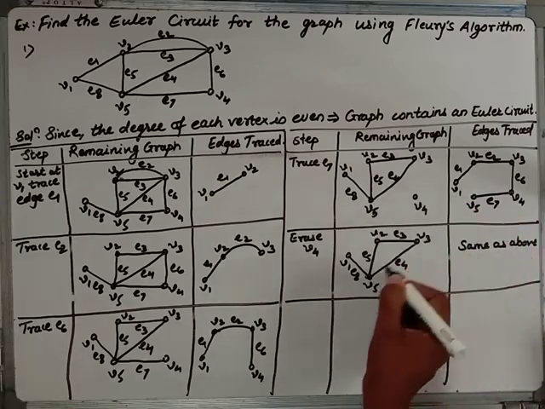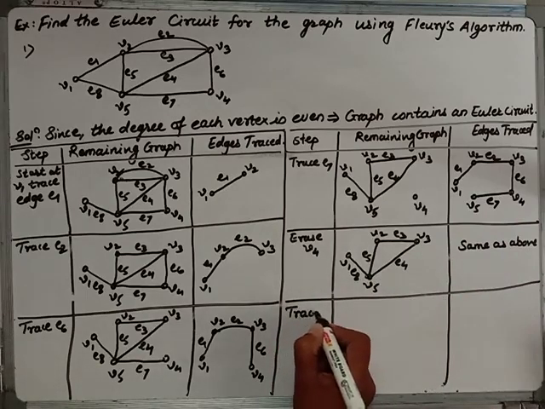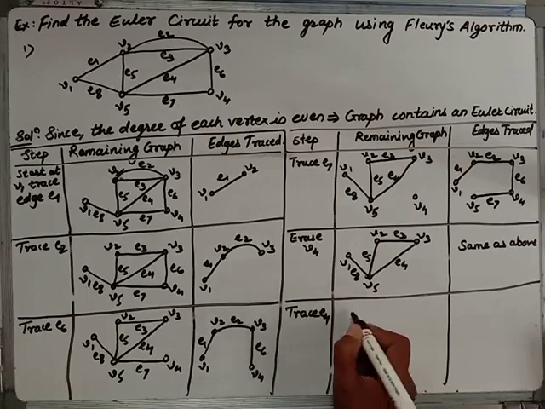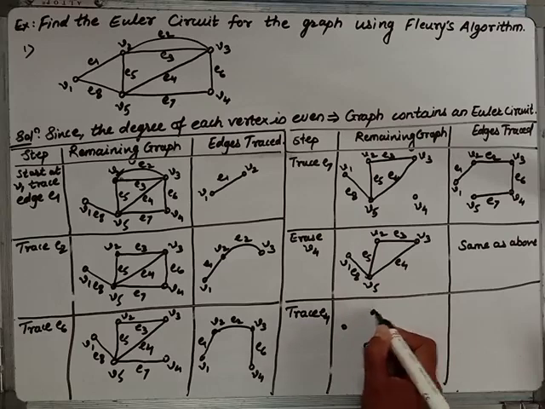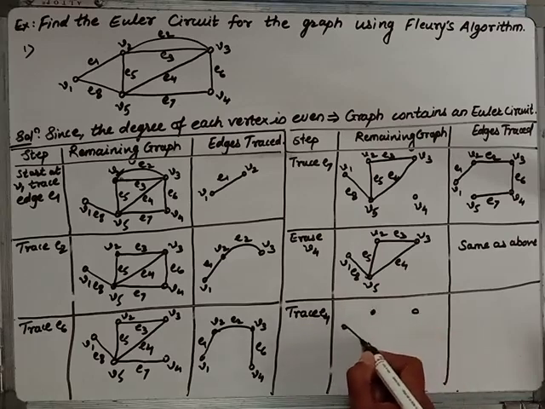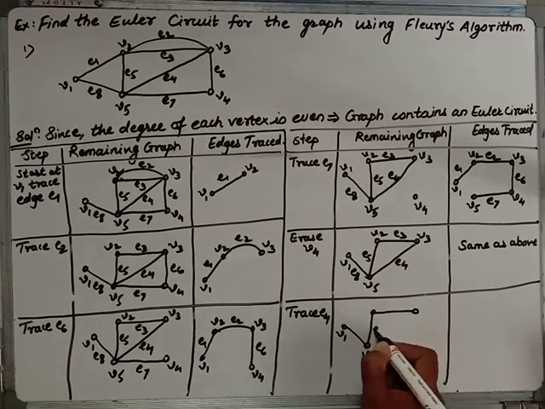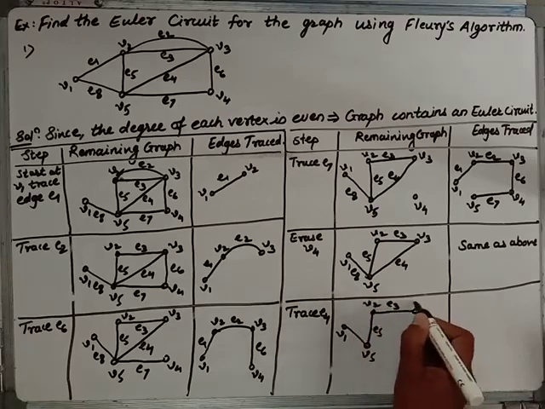Now let's trace E4. What does it give? This is V1, V5, E5, E3, V2, V3.